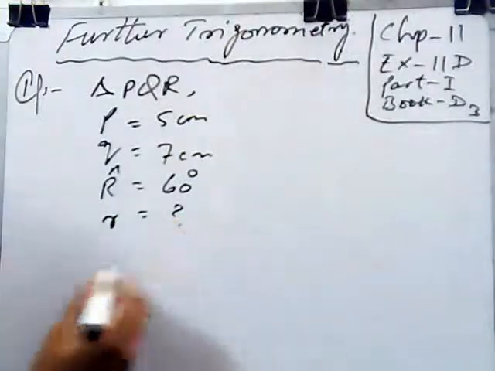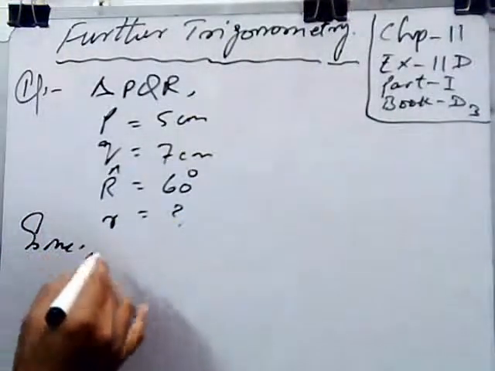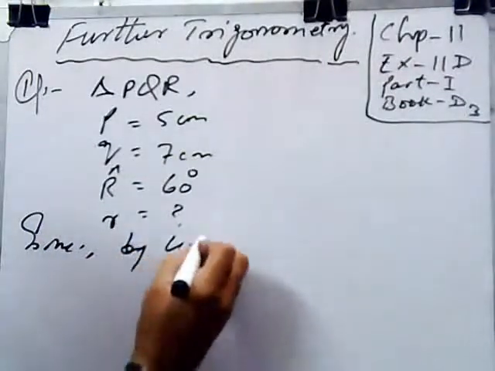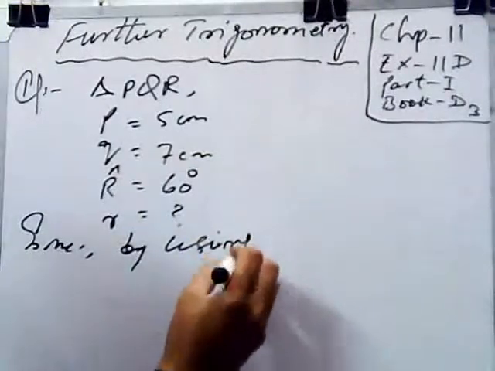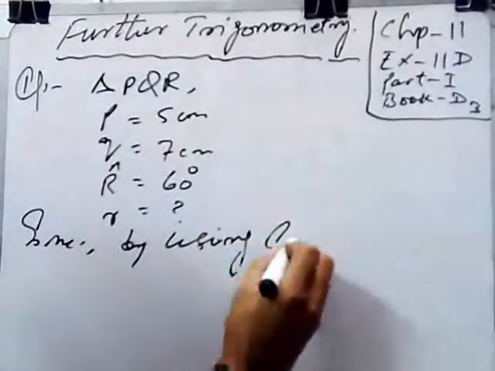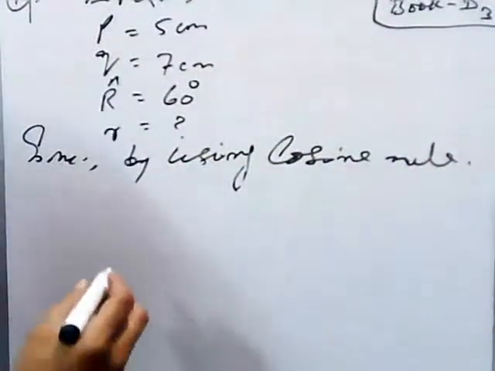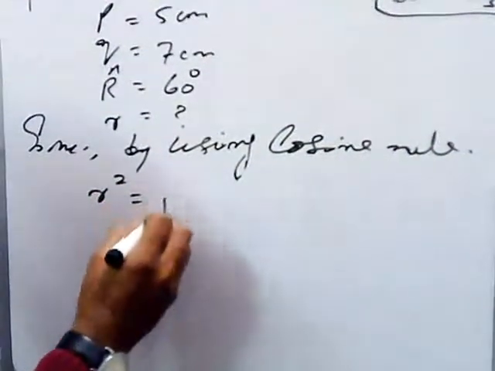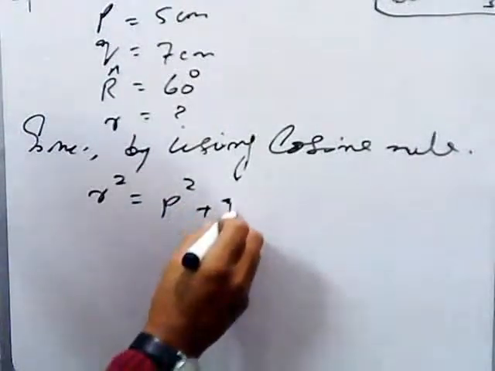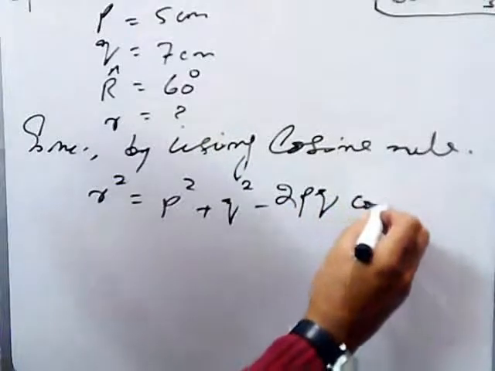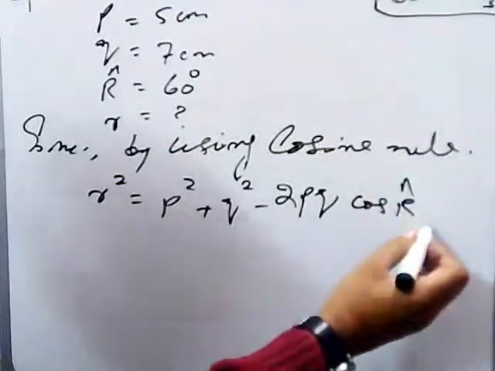Since we have a formula, by using the cosine rule, that is r square is equal to p square plus q square minus 2pq cos R, that is your angle.